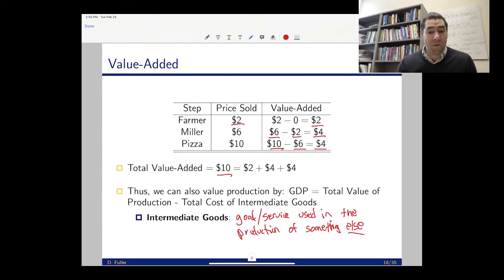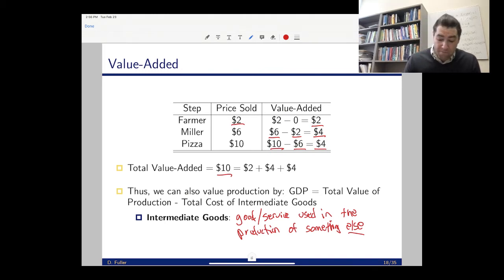And so in our example, the pizza had an intermediate good of flour. The flour had an intermediate good of wheat, right? And so there's lots of ways I could take all this information and turn it into GDP. I could calculate value added at each step and add it up. I could take the value of the final good, $10. Or I could take the total value of everything minus the total cost of intermediate goods.